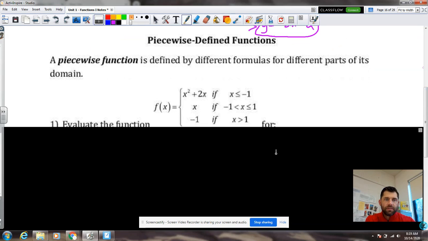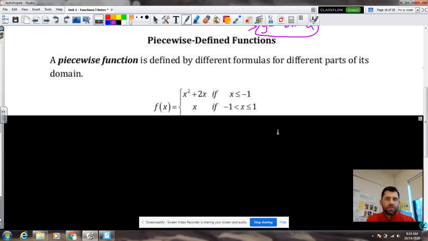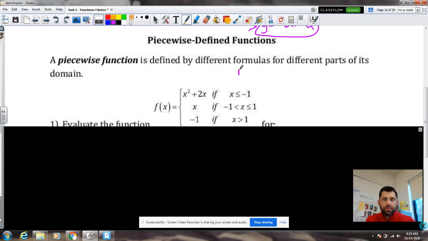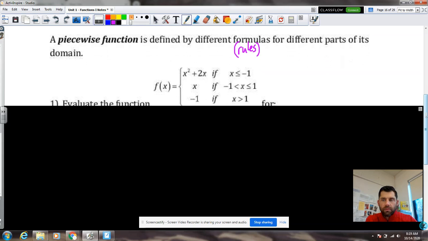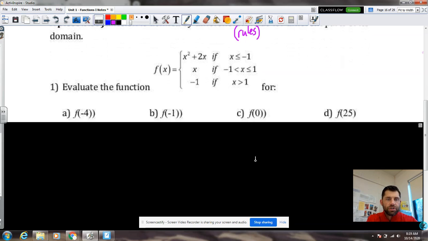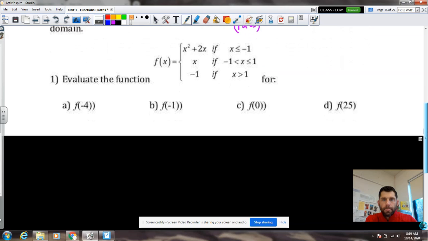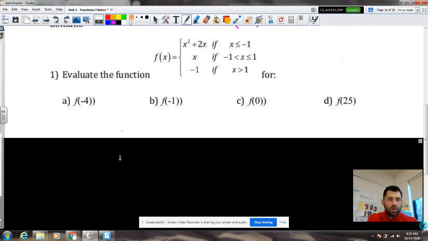So piecewise defined functions. A piecewise function is defined by different formulas or different rules for different parts of its domain. So what I have here is a nice example of a piecewise function. So let's say we're just evaluating these numbers. f(-4). -4 is my input.